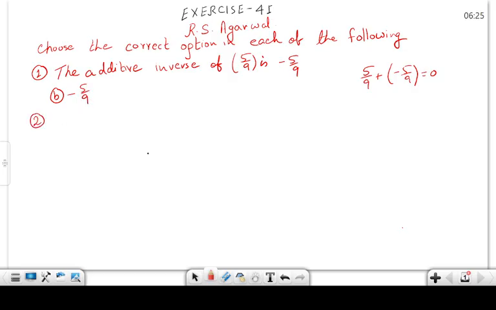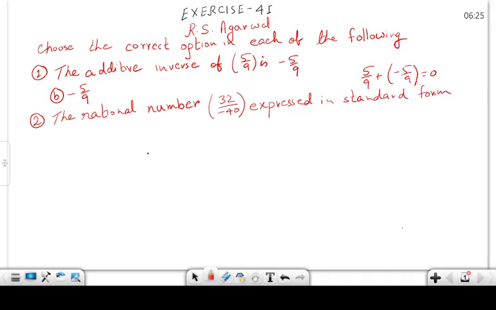Question number 2: the rational number 32 by minus 40 expressed in standard form is. 32 by minus 40, if we divide it by 2, it is 16 by minus 20, then divide by 4: 4 times 4 is 16, 4 times 5 is 20, so it is minus 4 by 5.